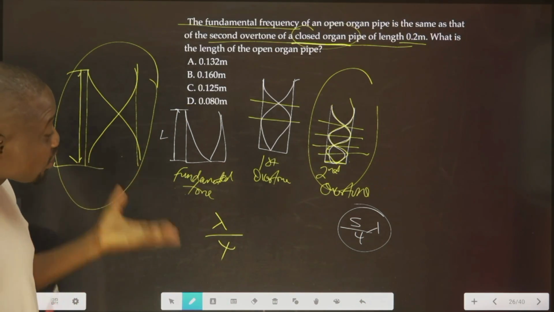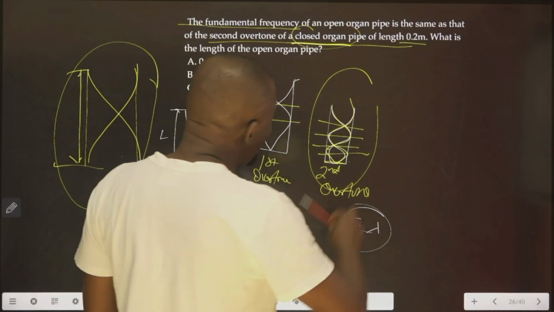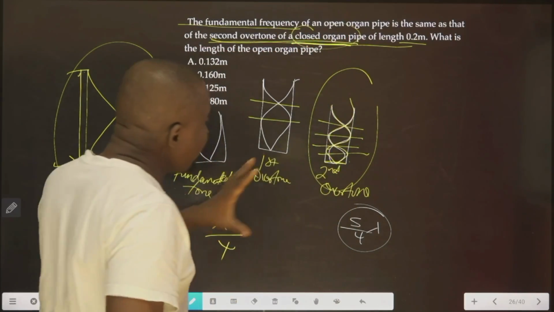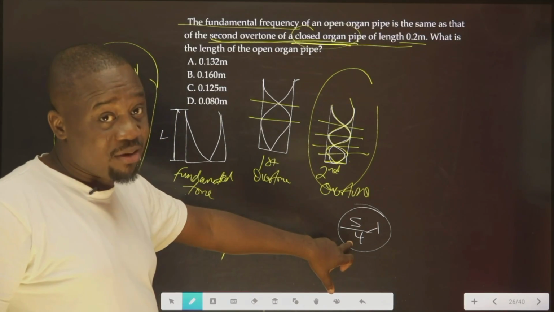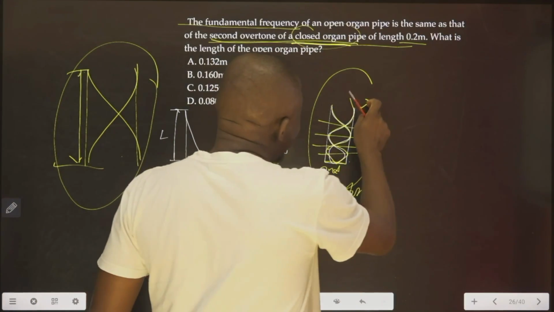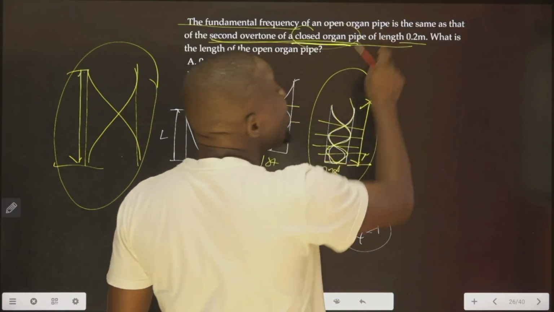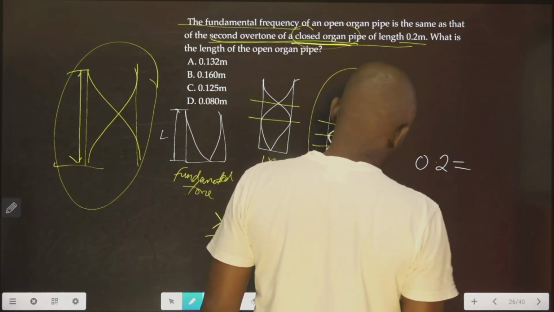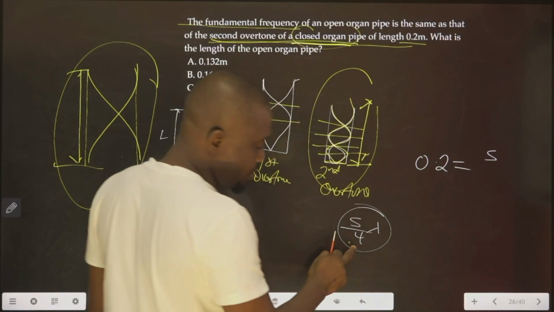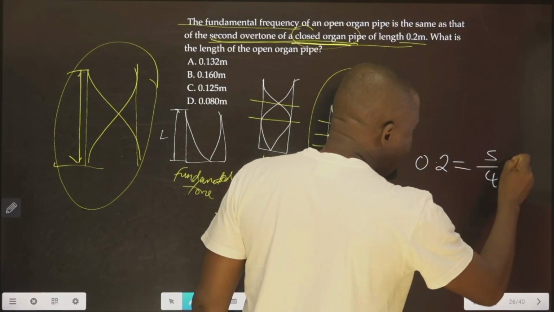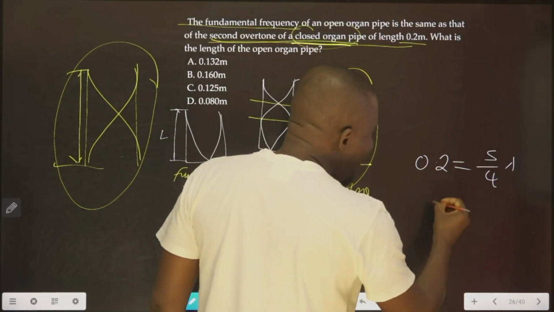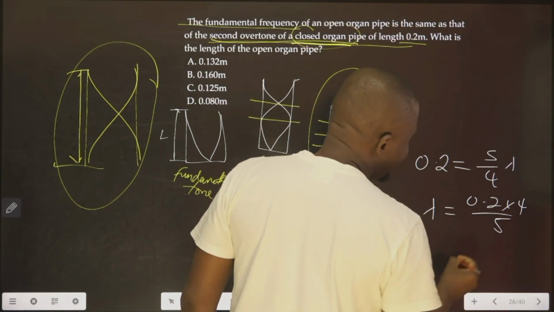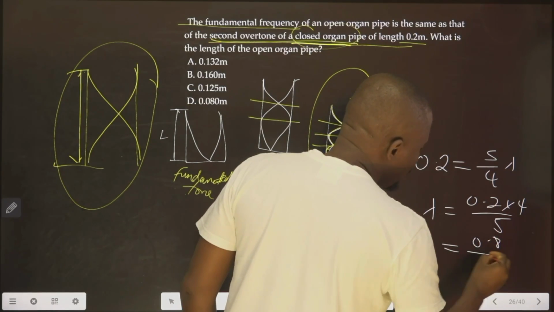So with this information now, you will agree with me for this one that was given to us, for the second overtone that was given to us, we have the wavelength now. And we know the length to be 0.2. It means 0.2 is equal to 5/4 of this. Then we find this to be 0.2 times 4/5, which is 0.8/5.